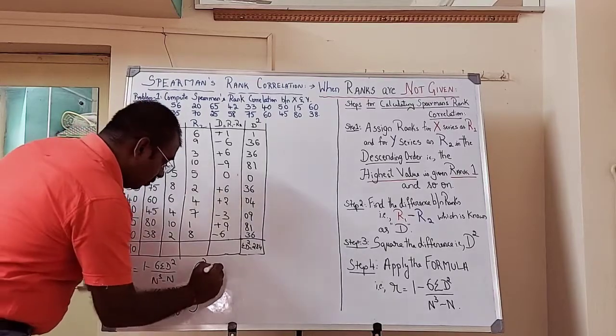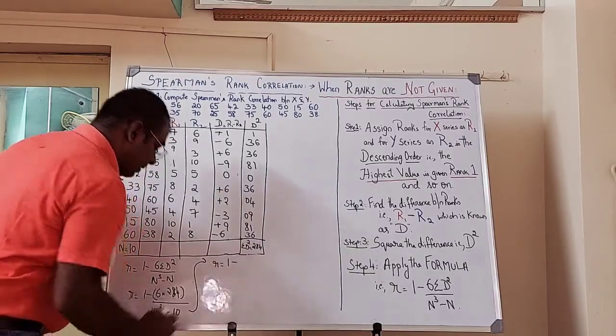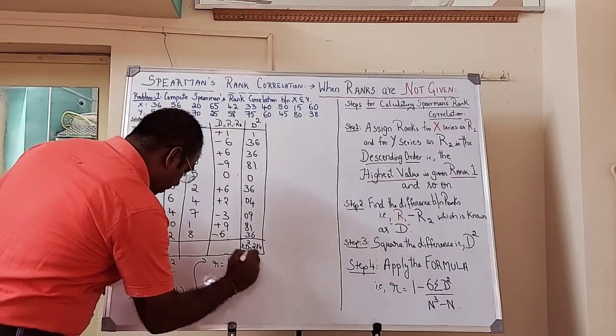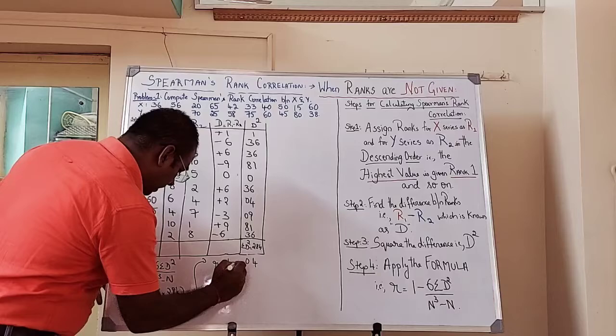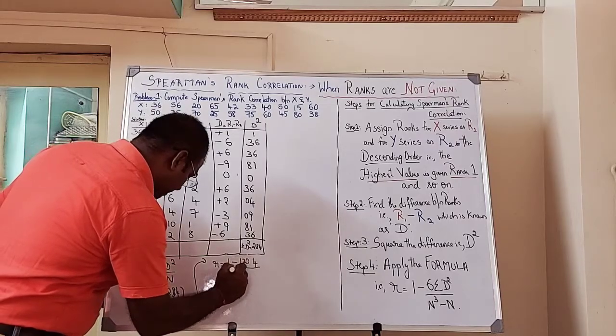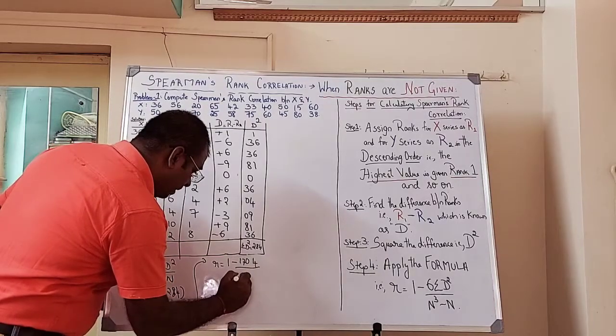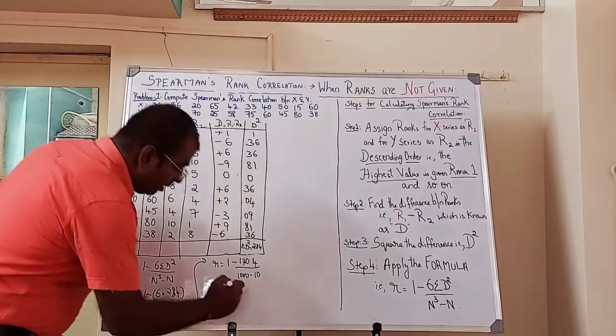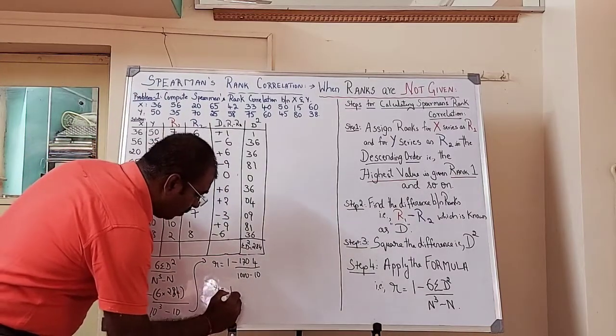Now R is equal to 1 minus 6 into 284, 6 4s are 24, 48 plus 2 is 50, 12 plus 5 is 17, so 1704 divided by 10 cube, which is 1000 minus 10.